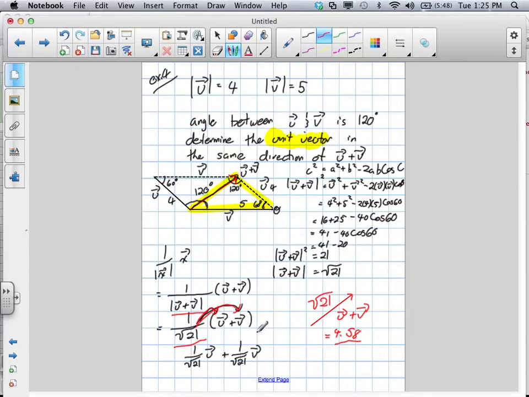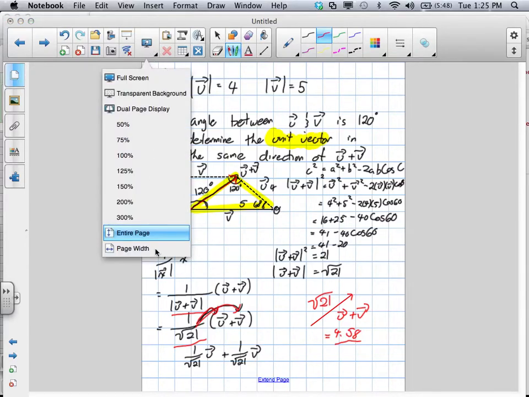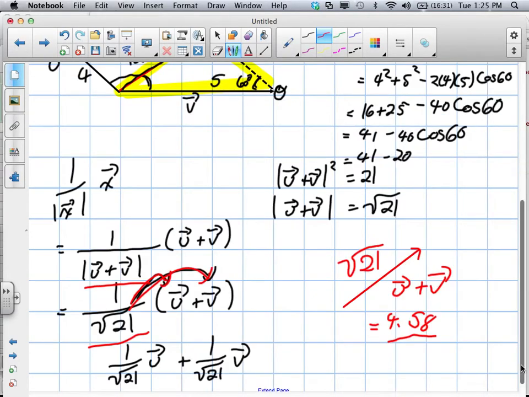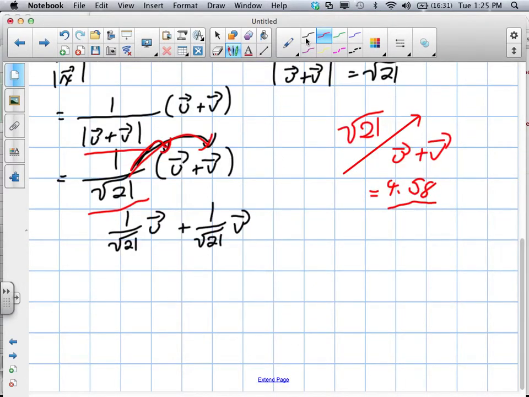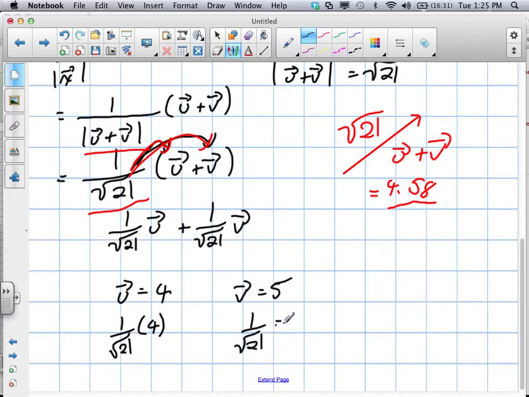Let's try to make a little more sense out of it. I know that part's a bit confusing. Think of it like this. Does anyone remember how far u was? u was 4, v was 5. Okay. So we know u is 4. Well, what is 1 over root 21 times 4? And what is 1 over root 21 times 5? What are these actual values? Okay. I'll try to make sense of this.